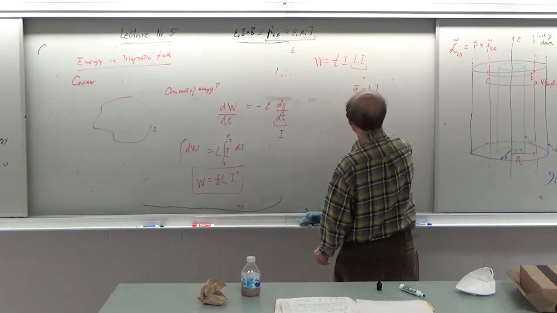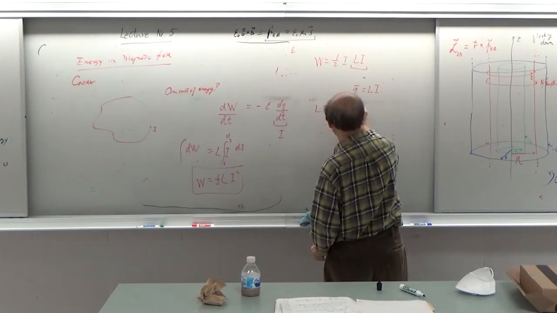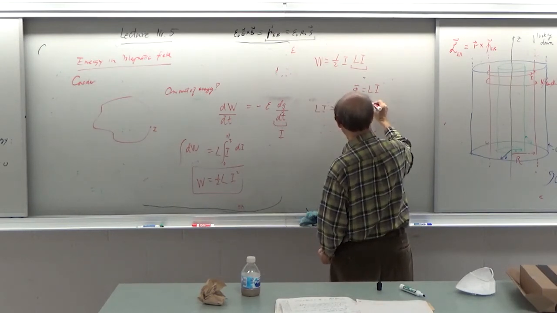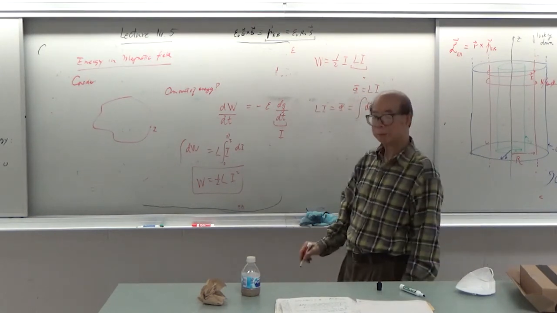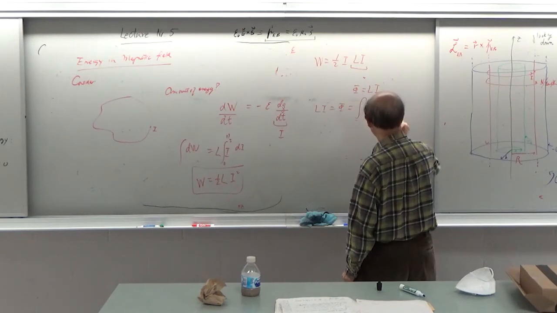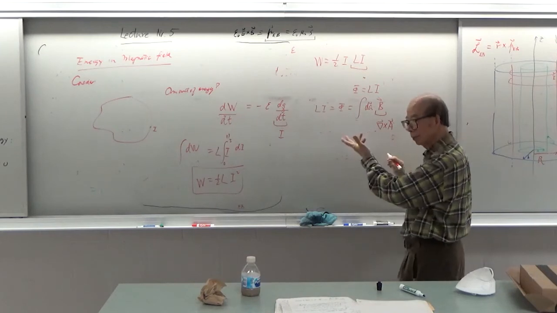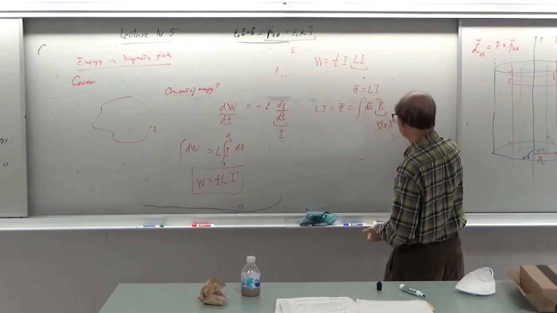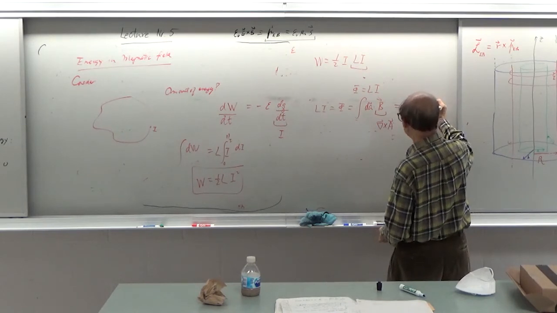So that LI is flux. Flux is the area integral of magnetic field B, and magnetic field B can be written as the curl of A. The area integral of curl, of course Stokes' theorem says that it is the line integral of A.